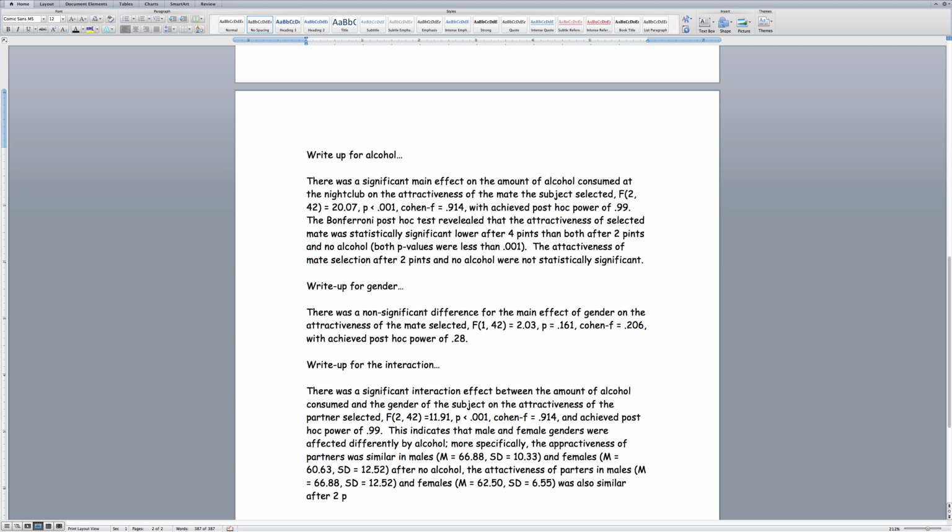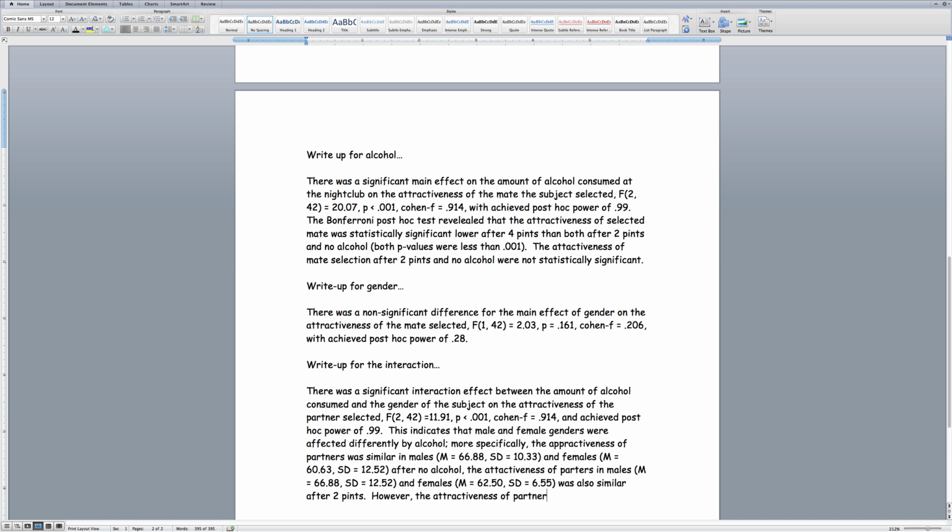After 2 pints, and the guys blow it. So all I'm doing here is just looking at the marginal means.